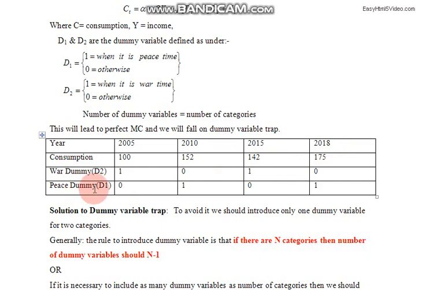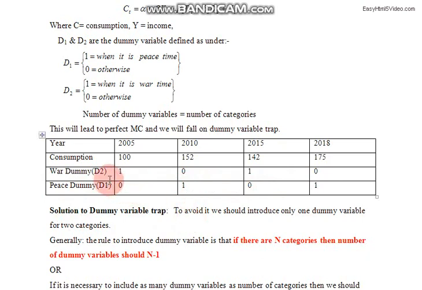Similarly for peace, this is another variable for the same two categories. In 2005 we have war, so against peacetime there will be 0, and in 2010 there was peacetime, so we have 1. In 2015 there was war and we have 0, and in 2018 there was peacetime and here we have 1.